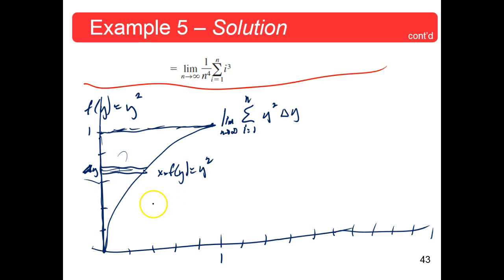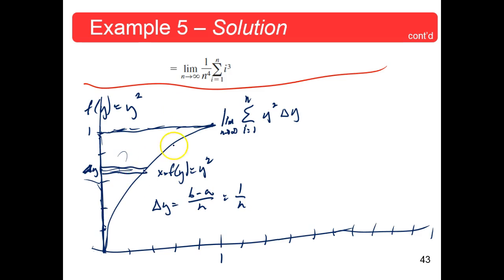The delta y is equal to b minus a over n, right? That's 1 minus 0 divided by however many n's you got. If you break that into 8, that'll be eighths. If it's 25, it would be 1/25. So this would be 1 over n. Okay? So that's what your delta y is.